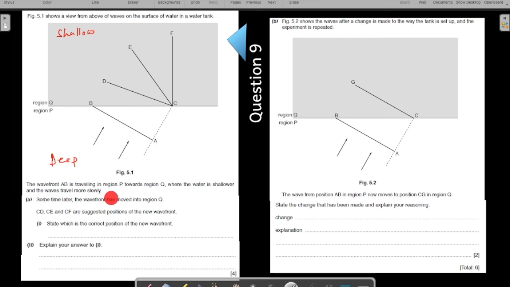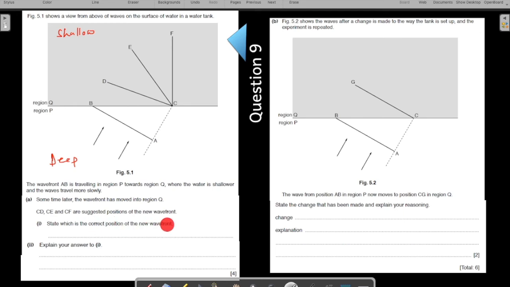Sometime later, the wavefront has moved to region Q. So the wavefront AB, which is in the region P, after some time reaches the region Q. CD, CE and CF are suggested positions of the new wavefront. State which is the correct position of the new wavefront.